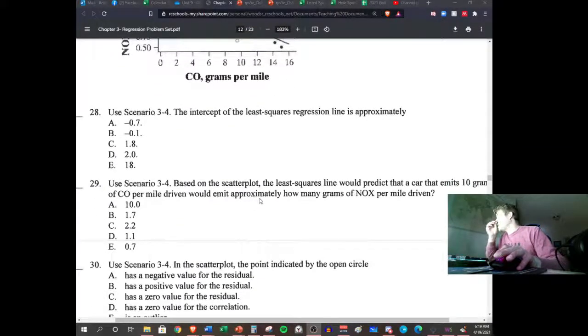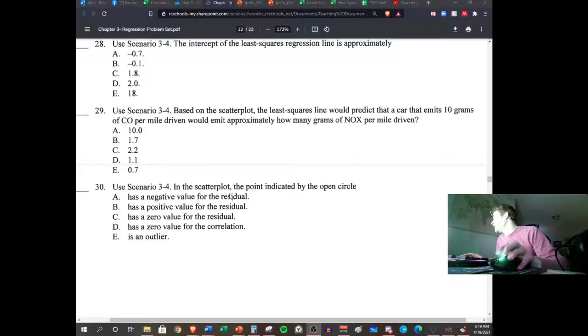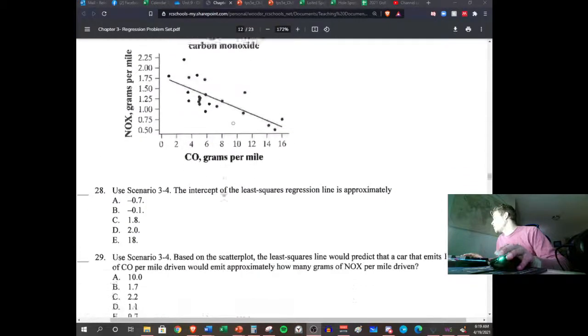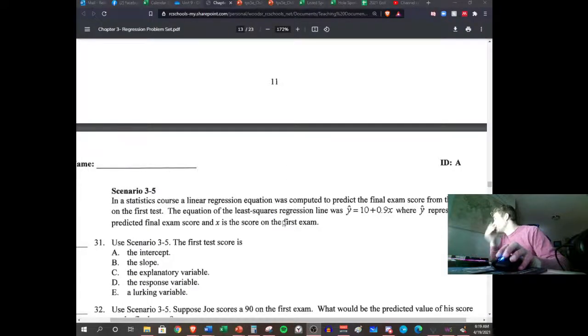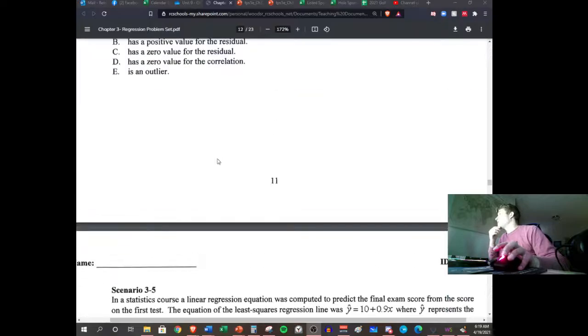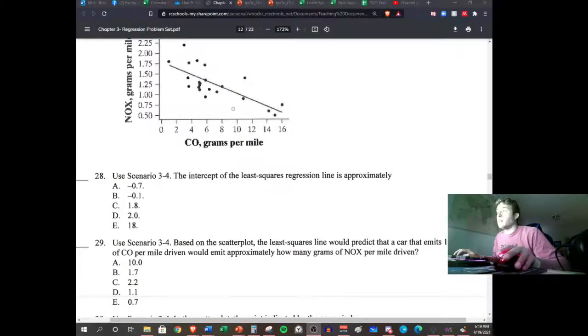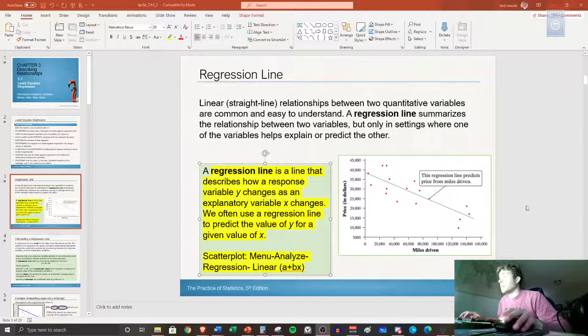So we'll talk about that one, and then it's talking about predicting what would happen with 10 grams of carbon emission. And then we'll talk about this open circle as well, and talk about residuals. We still have several things to talk about, 31, 32, different things in there. So we'll discuss those as they come up. But for now, we've got our definition for a regression line and how to find them if we need it, okay?